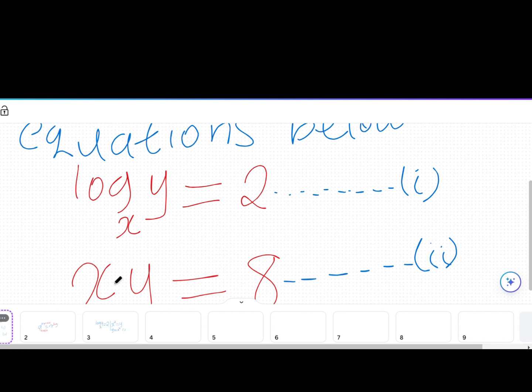Now let us look at equation 2. Equation 2 was xy is equal to 8. Allow me to write this also in a different way by making y the subject of the formula.